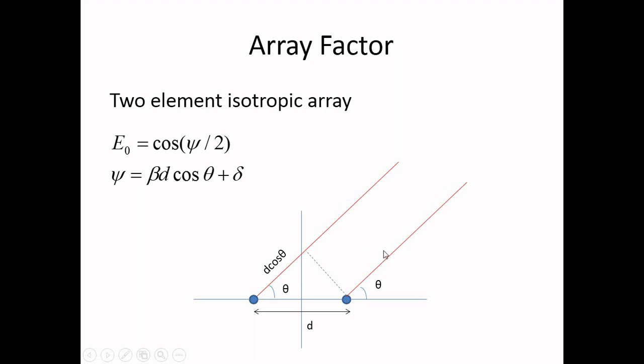This path difference will help us calculate the phase difference, because the formula for phase difference is path difference times beta, where beta is the phase constant. So if we ignore this delta right now, beta d cos theta is actually the phase difference, denoted by this symbol psi. And let's see what this delta is. As we have seen, there are broadly two types of array, broadside and endfire.